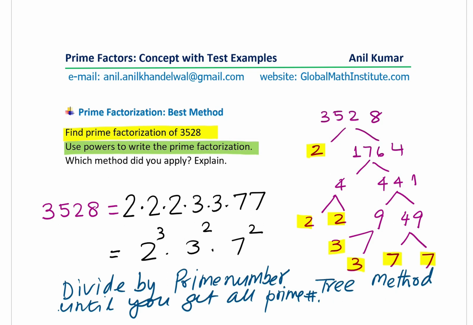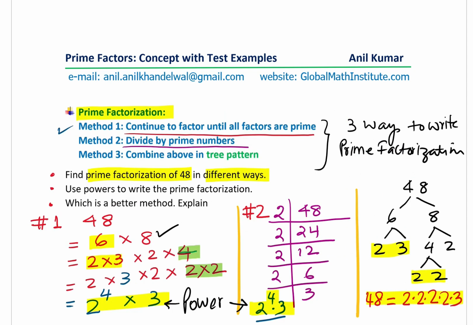Correct? So that basically matches with our method number 1, where we are giving it a combination since we have a flexibility.